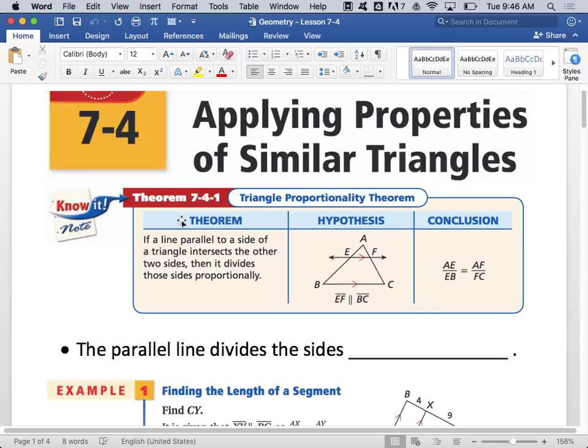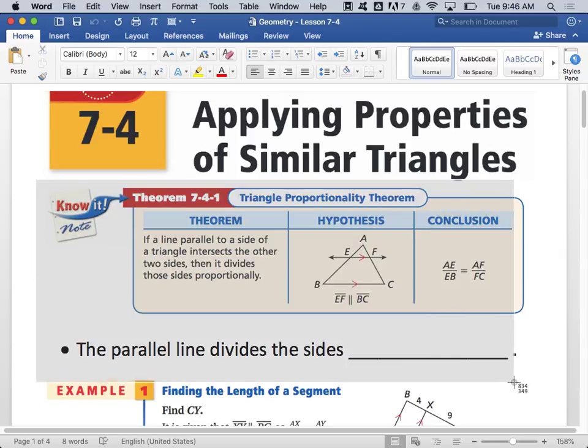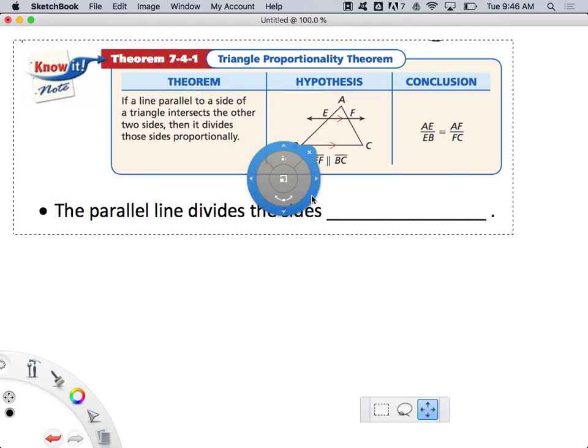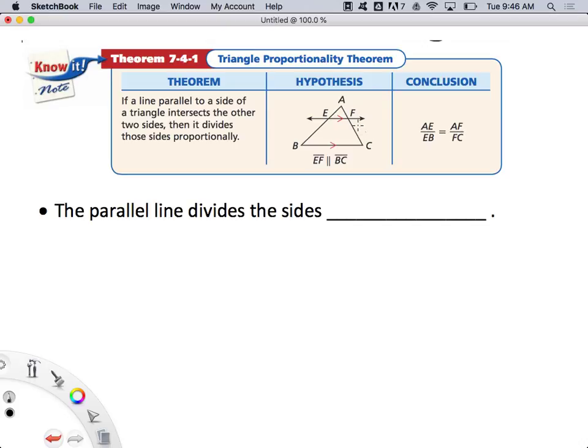We got to focus. All right, 7.4, applying properties of similar triangles. All right, look. If I have a line that's parallel to one of the sides, then it divides the sides proportionally, you see?